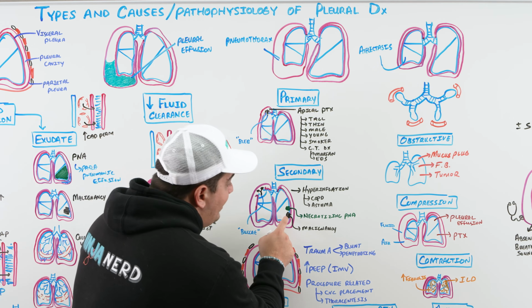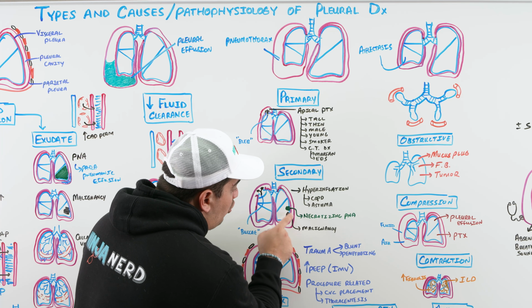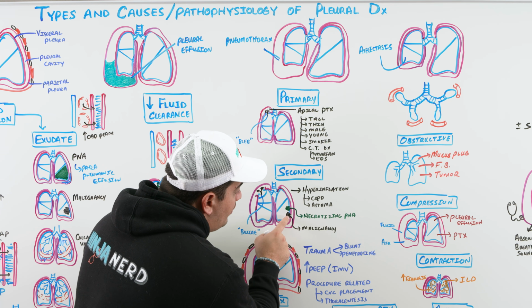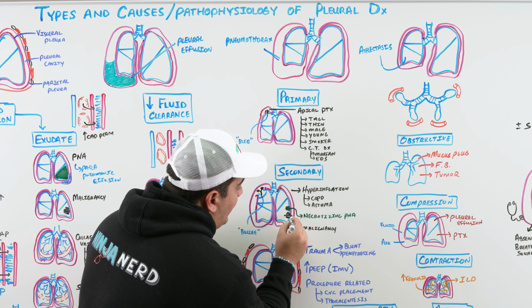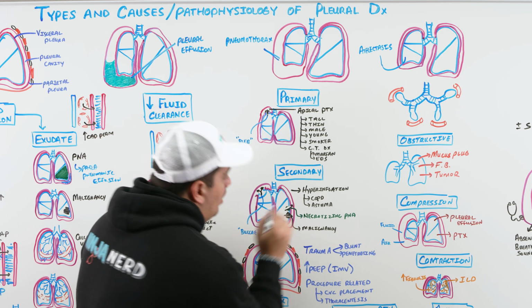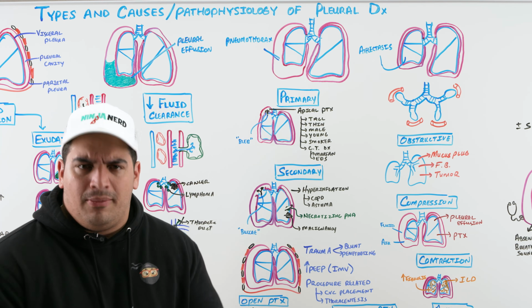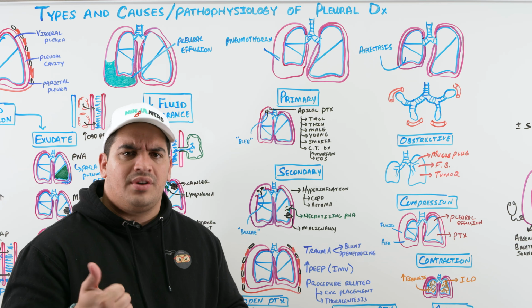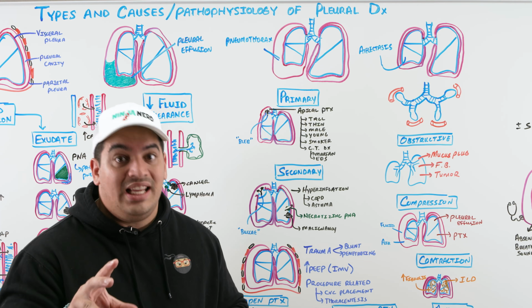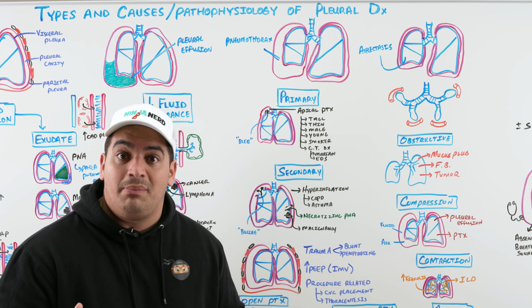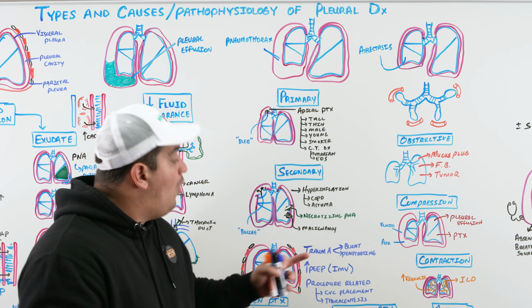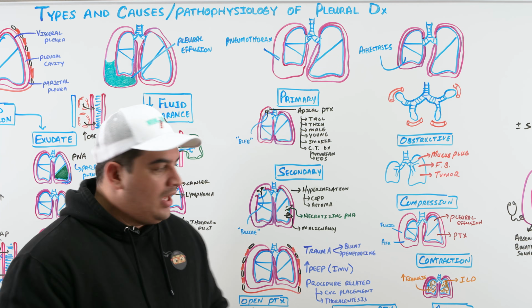Or you have a malignancy, and the malignancy is continuing to grow and grow and grow, and it grows into the visceral pleura and creates an opportunity for air to enter into the pleural cavity. So think about hyperinflation disorders, specifically emphysema. Think about necrotizing types of infections. PJP is a really big one, tuberculosis, or think about malignancy.